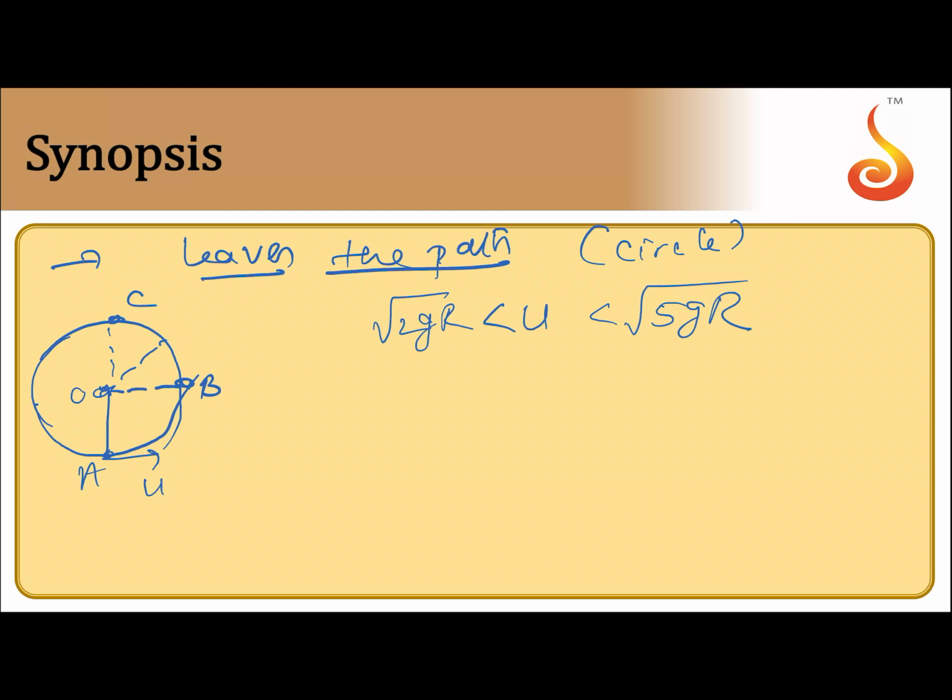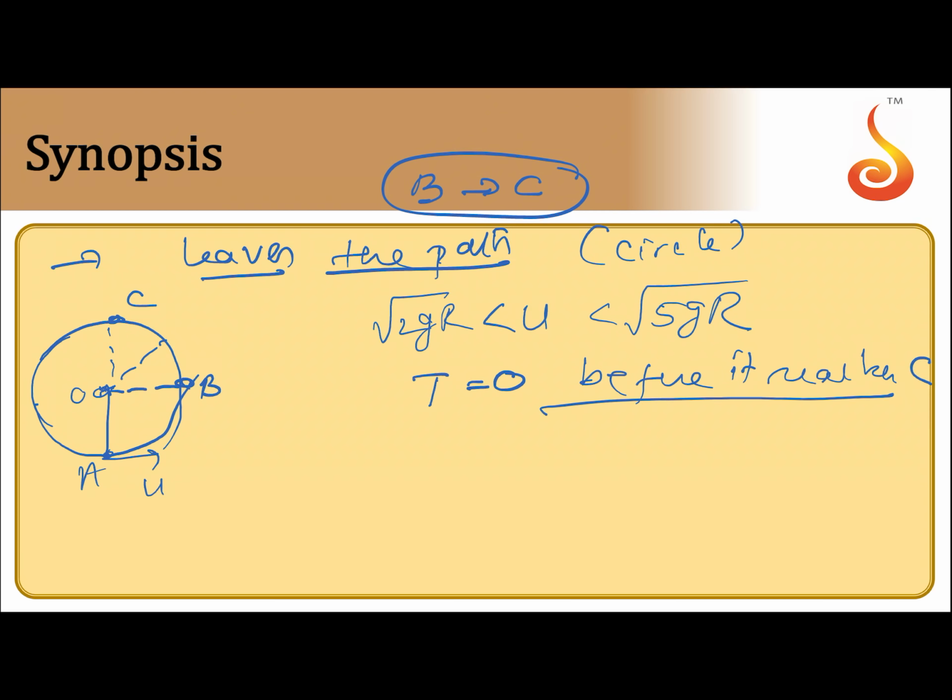That's correct. It can overcome the point B, but it can't reach C. So what happens is that before it reaches C, the tension becomes 0. So in the range B to C, the tension becomes 0 before it reaches C. At some point, say E, the tension becomes 0, the velocity is still present, the velocity is not 0.